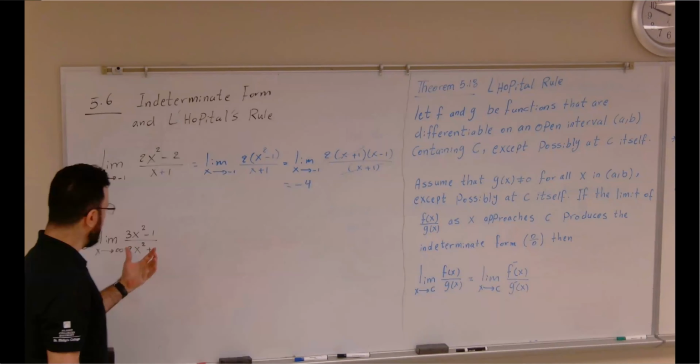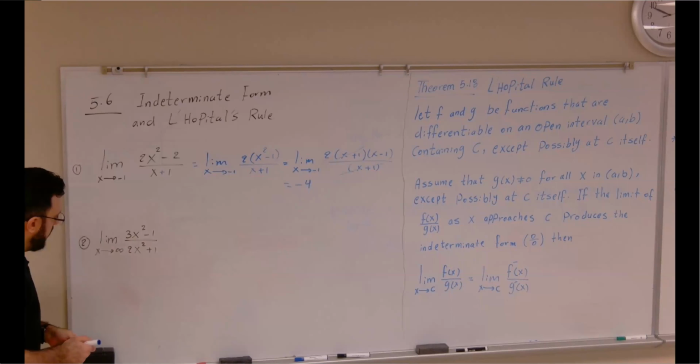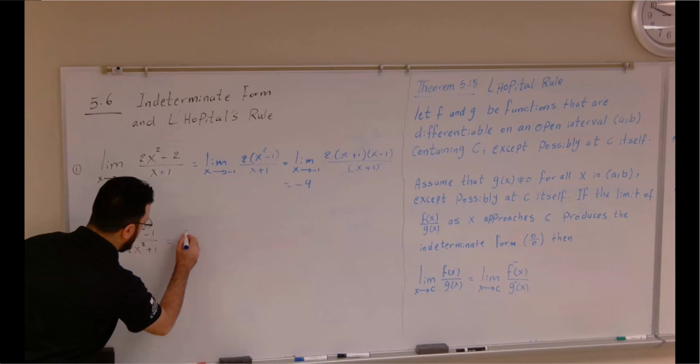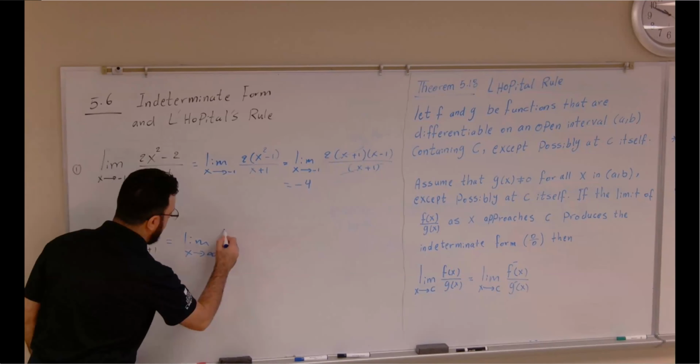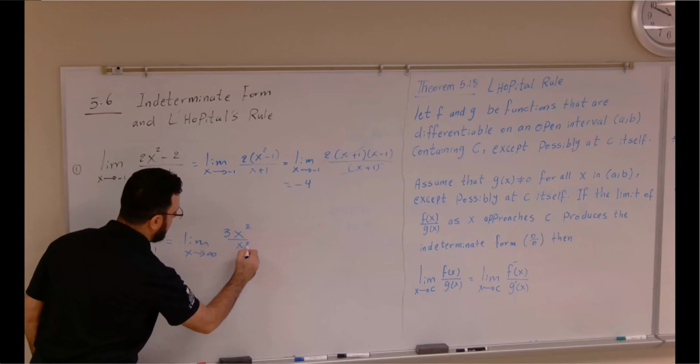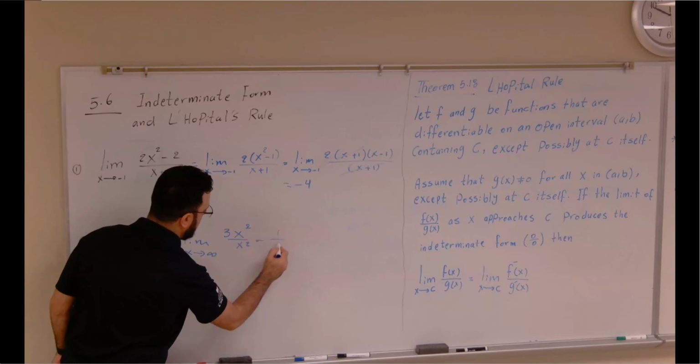The same thing here. How am I gonna find the limit when x approaches infinity? Remember, we divide by the highest exponent. So this one is going to be the limit as x approaches infinity; I'm gonna divide by the highest exponent, which is x squared: 3x squared divided by x squared plus minus 1 divided by x squared.